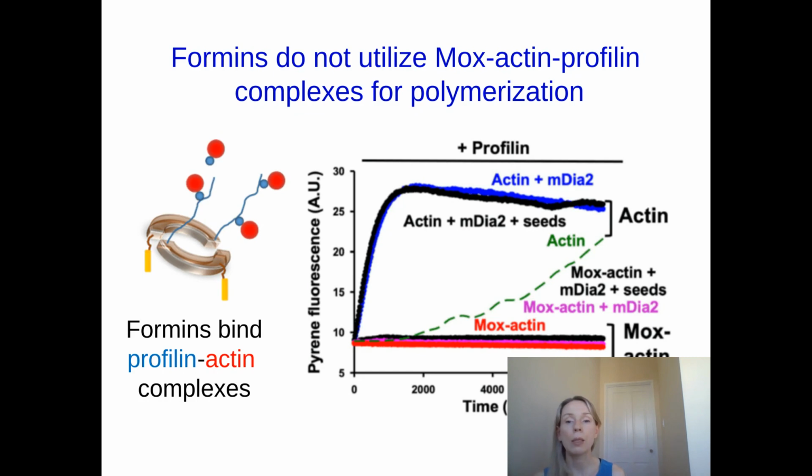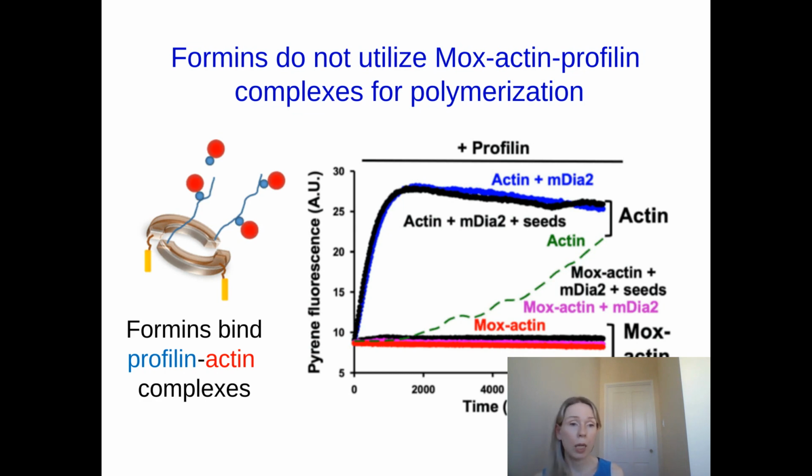As you can see on the right, all the traces containing Mical-oxidized actin, or Mox-actin, appear to be flat. It means there is no polymer formation in this system, as opposed to unoxidized actin, which polymerizes very rapidly in the presence of profilin and diaphanous formin 2, mDia2, and also in the presence of F-actin seeds added.